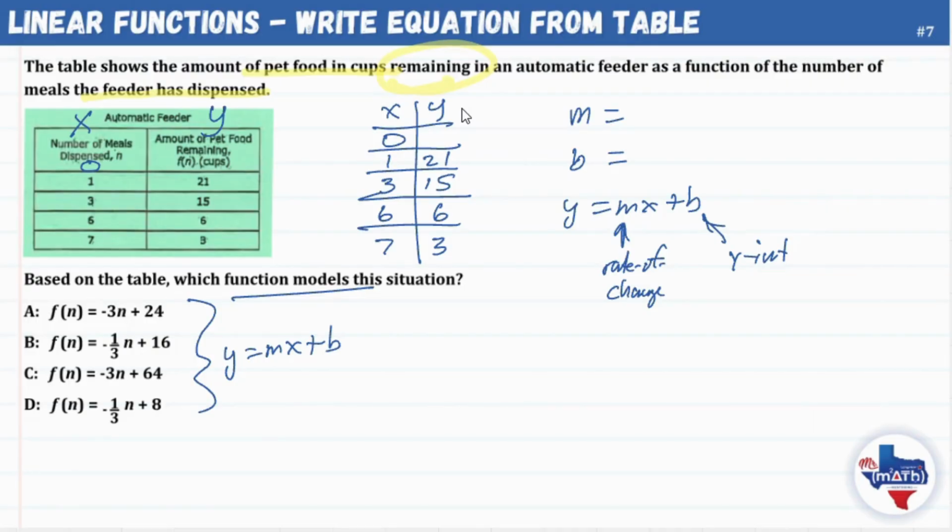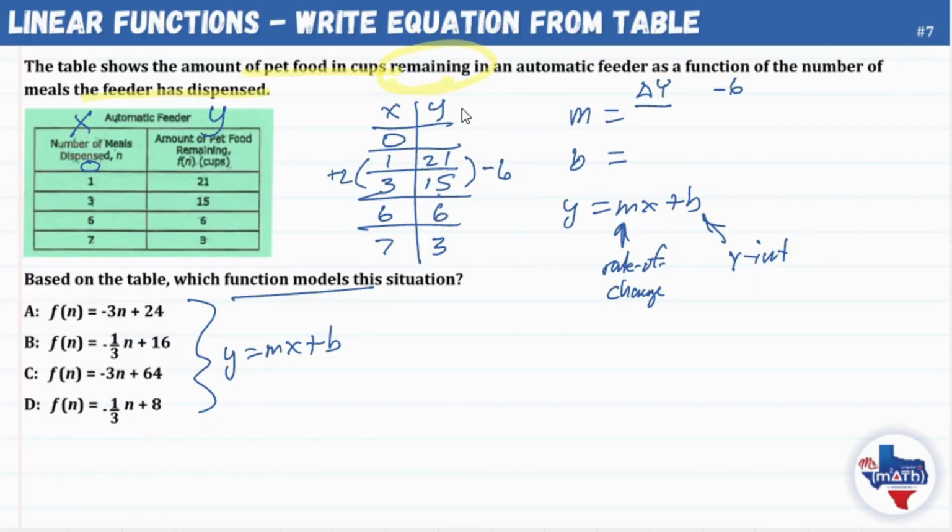Okay, so let's see if we can find that out. Our change in y. Well, let's take a look. It seems that our y is actually decreasing by 21 minus 15, which would be 6, so it's decreasing by 6 here. So I would say that would be negative 6. And it's looking like our meals increased by 2 from here.